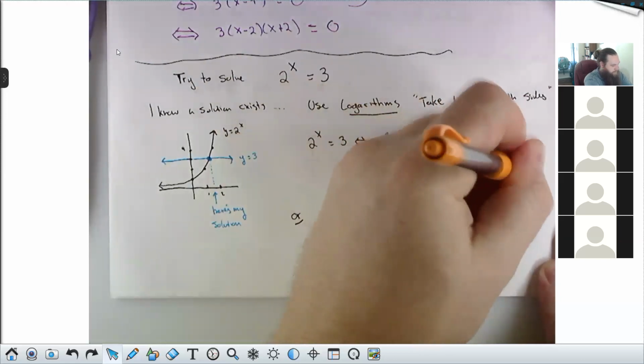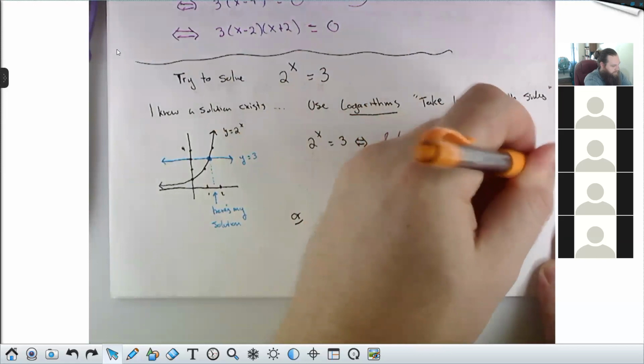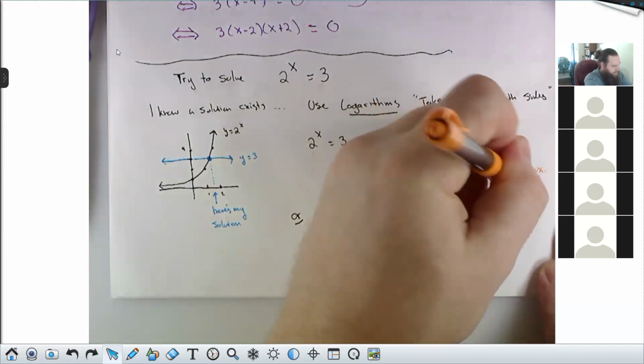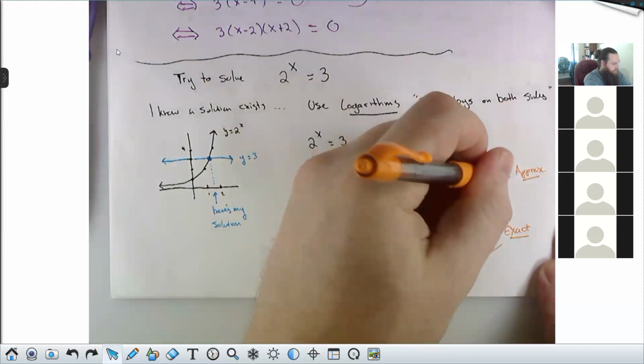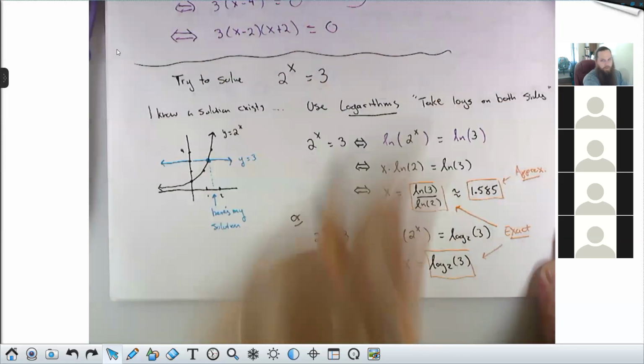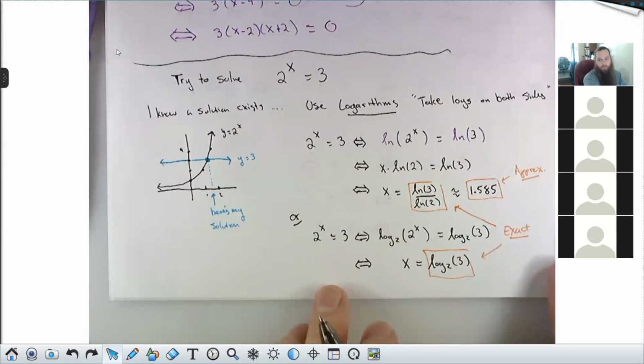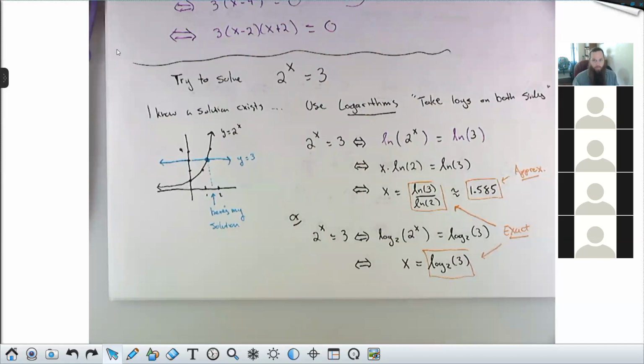This is an approximation. The truth is, this number is irrational. It's not a nice number. It's transcendental. It's not the root of any polynomial. It's a really gnarly irrational number.